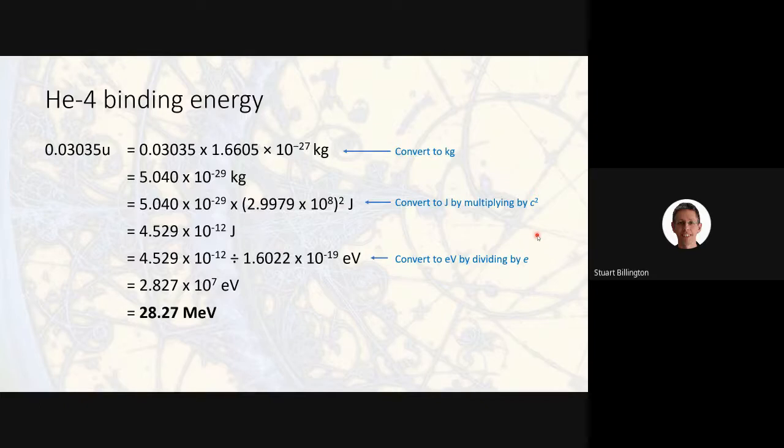I need you to fix in your head that a few mega electron volts is around about right for the sizes of energies that we're going to be talking about during this topic.